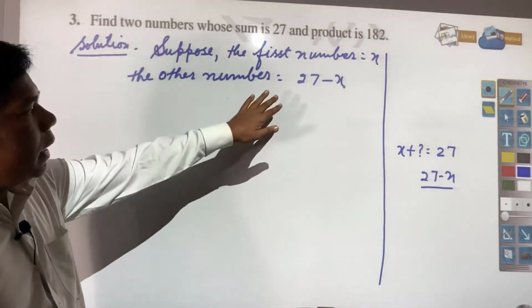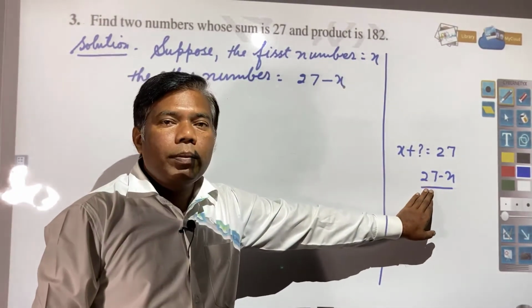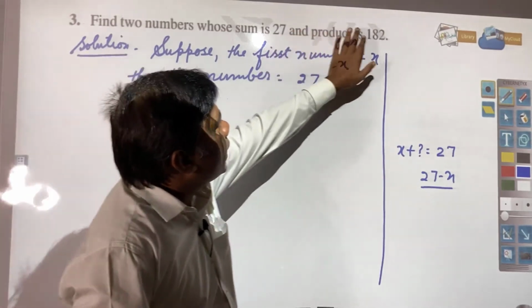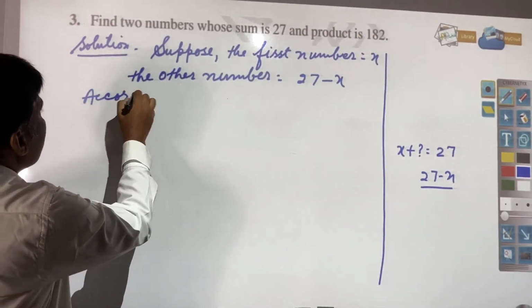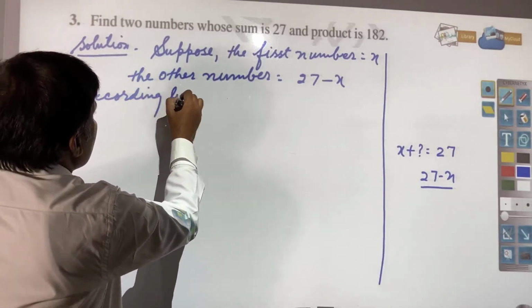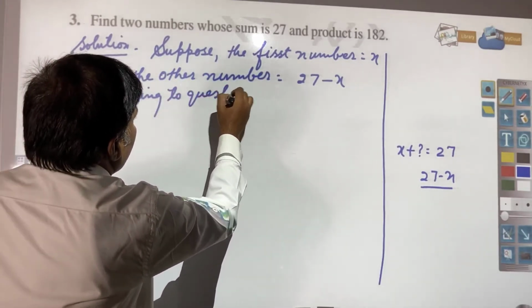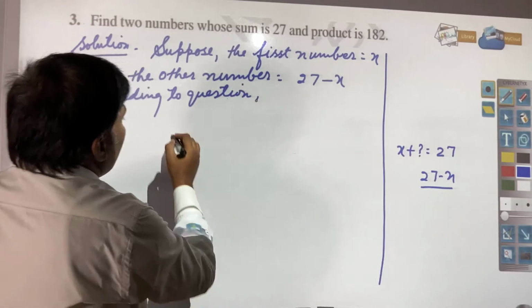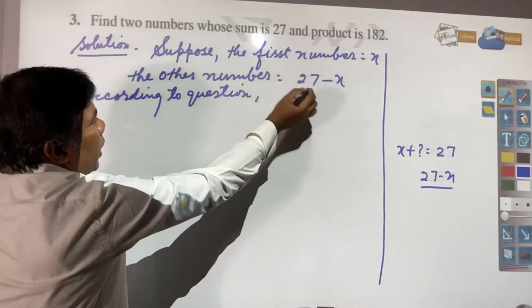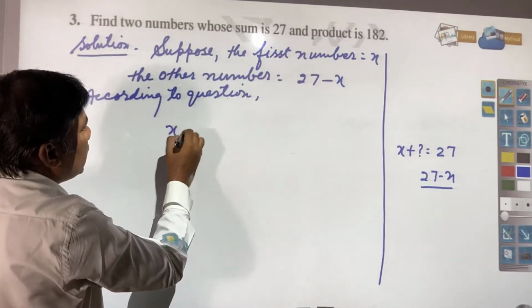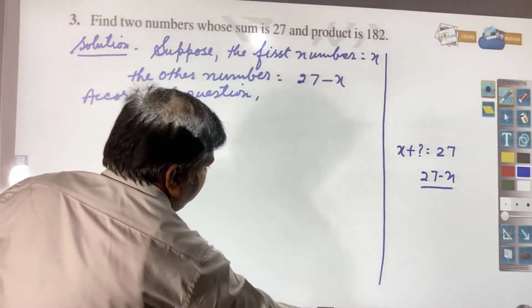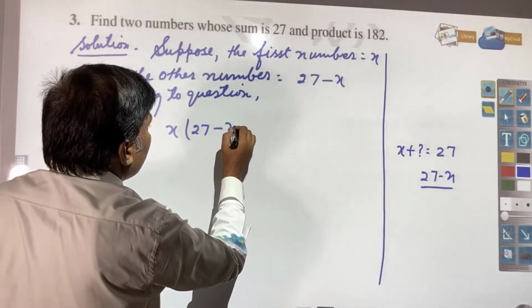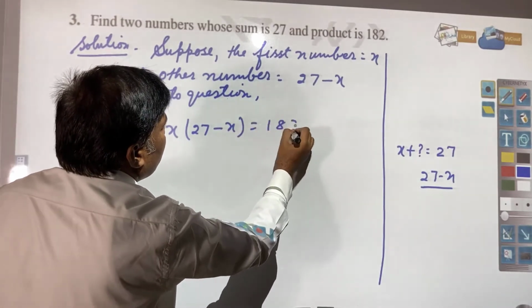One number is x, the other number will be 27 minus x, and product is 182. So you can write according to the question: product means the product of these two numbers, x and 27 minus x, is equal to 182.